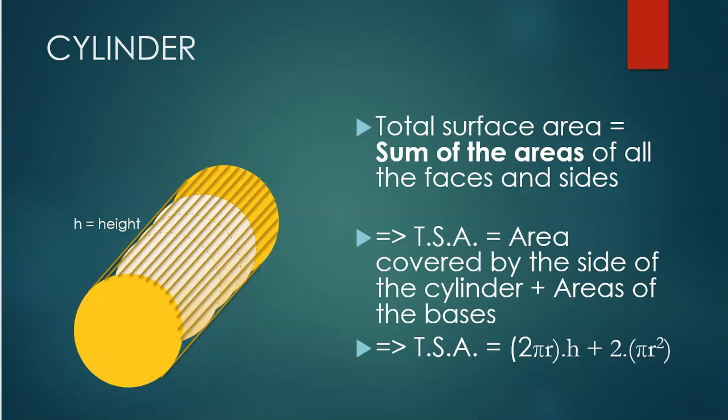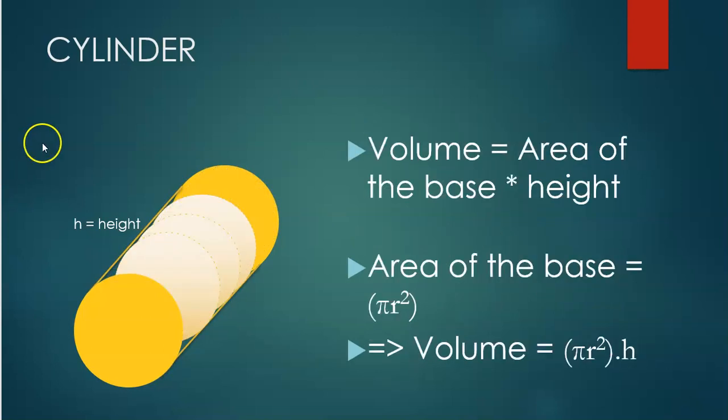Okay, so let's move on to figuring out how to calculate the volume. Alright, so volume of a cylinder is nothing but what is contained within that particular cylinder, which is the area of the base times its height.